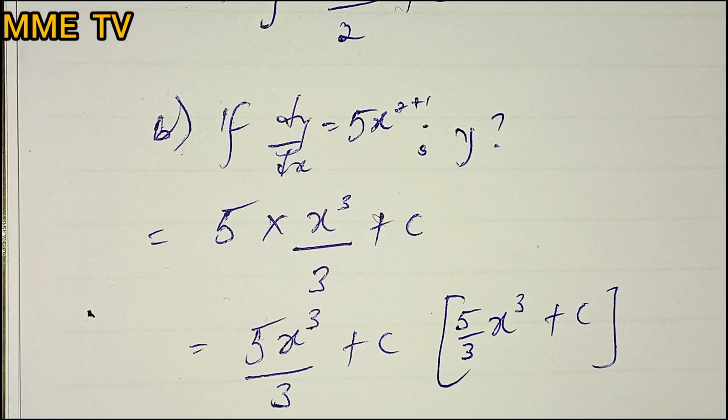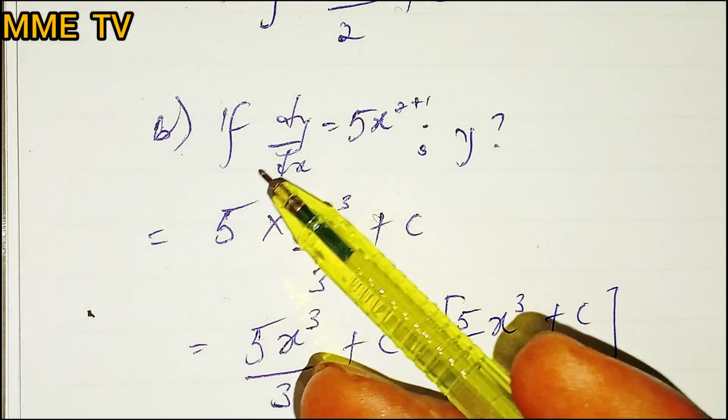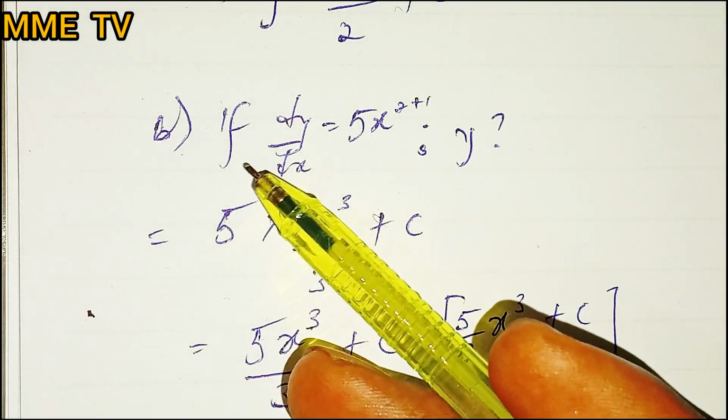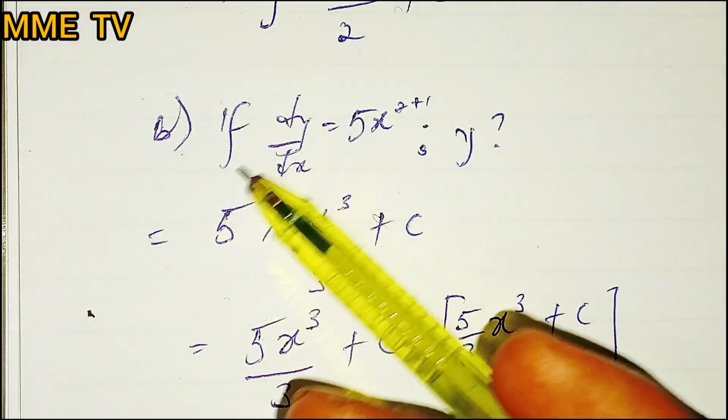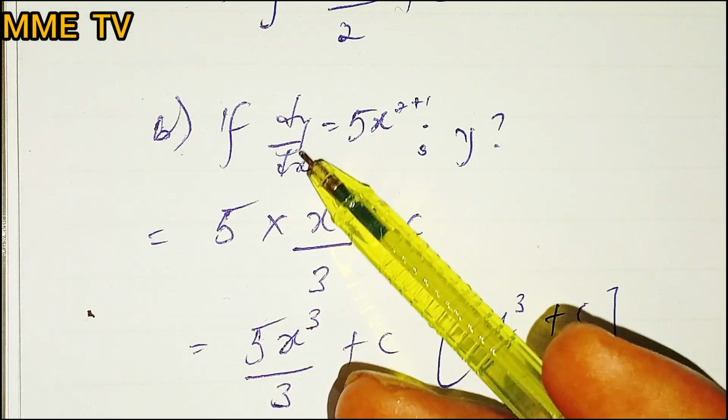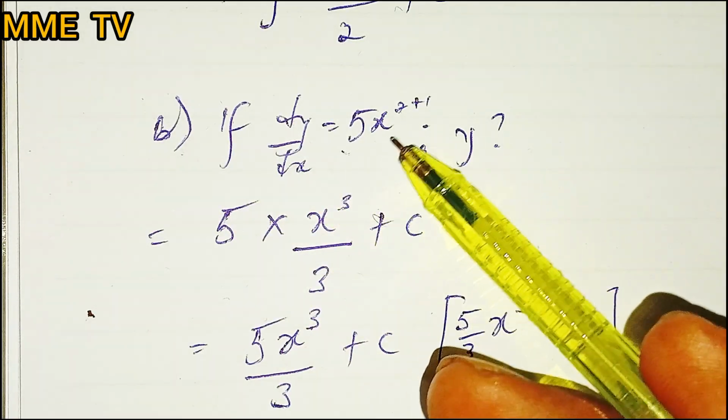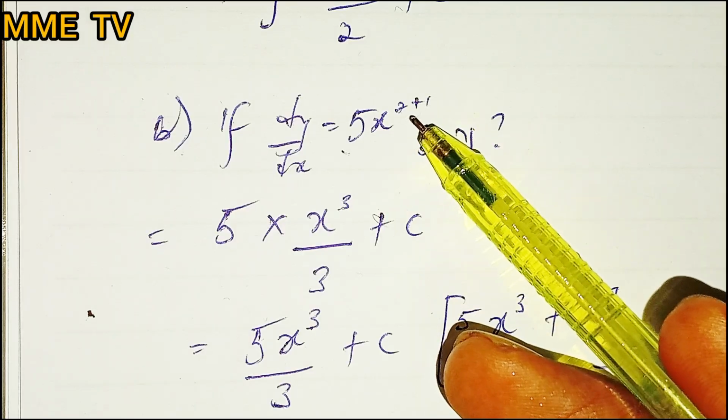Now, one particular thing about this, understanding the way integration works, knowing full well that this is dy/dx of 5x raised to the power of 2, right?